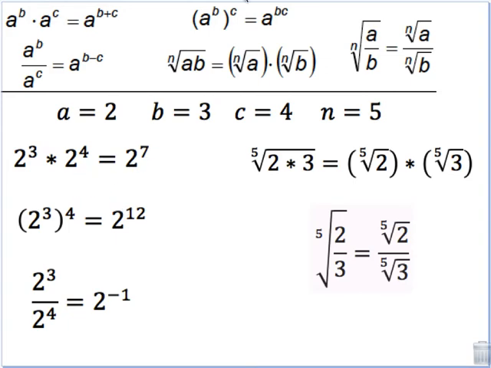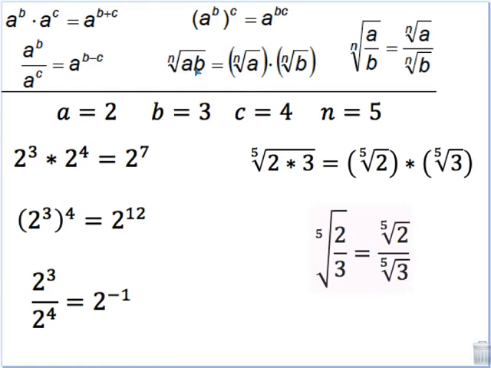What if you're dividing here? So here you're multiplying, here you're dividing, and notice here we added the two numbers together. Here you subtract the 2. So if you had 2 to the 3rd power divided by 2 to the 4th power, then you would just have 2 to the negative 1 power. Guys, you'll notice on all of these, I'm just plugging in numbers for my A, my B, my C, and my N value, and you can plug these into calculators individually and you'll get the same answers.